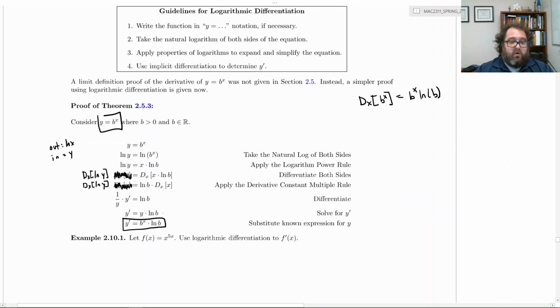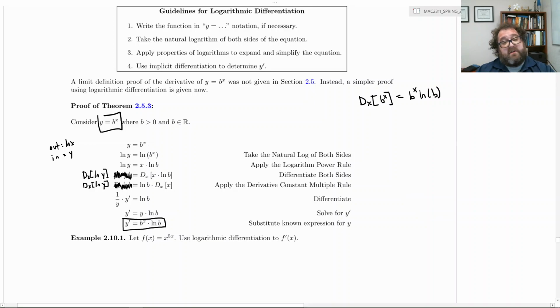There's really nothing wrong in particular with saying the derivative y prime is y times natural log of b, except that makes applications harder. If you want to write the equation of a tangent line or find where there are horizontal tangent lines or something like that, you need to have the derivative in terms of x only. And so that's why we prefer derivatives to be in terms of x.